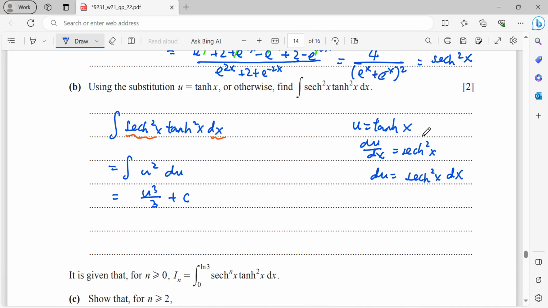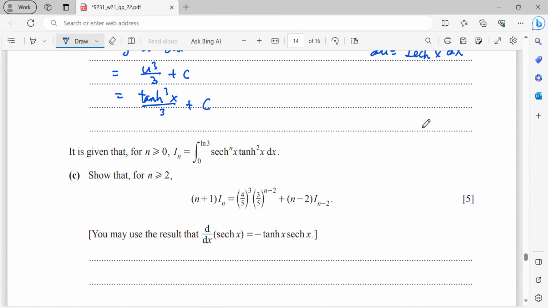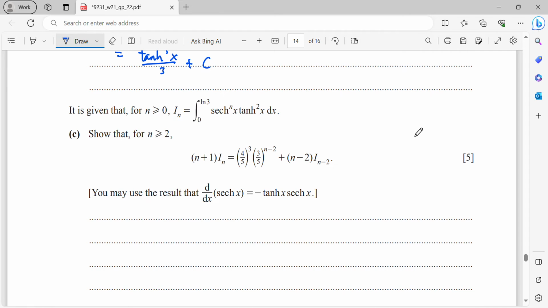Then change back your u. So it is tanh cubed x over 3 plus c. This is your integration for part B. Now part C: given that I_n is this expression, show that for n at least 2 you get this result. You may use the previous result.